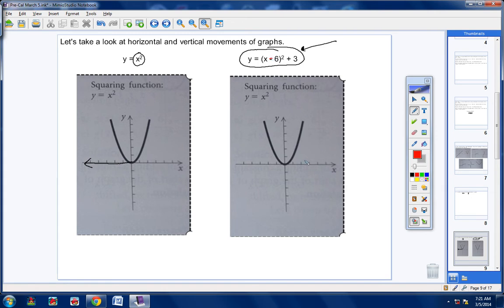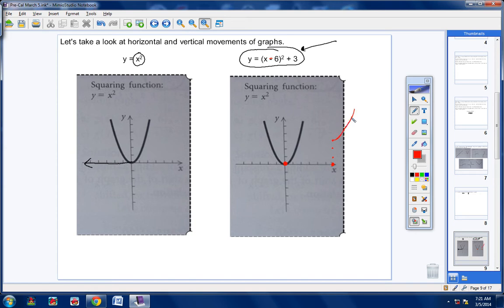That's going to be a movement to the right. So the vertex right here is going to move over 1, 2, 3, 4, 5, 6. So there's the vertex right there. Then we see it's going to move up 3. So now I'm going to go up 1, 2, 3. So I picked this whole graph up and I moved it to right here.